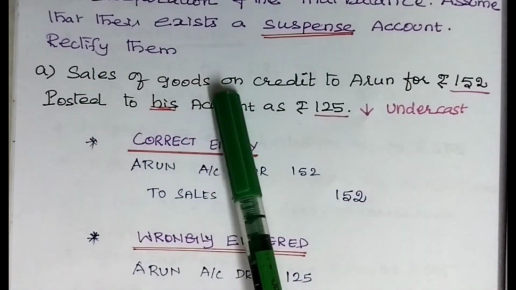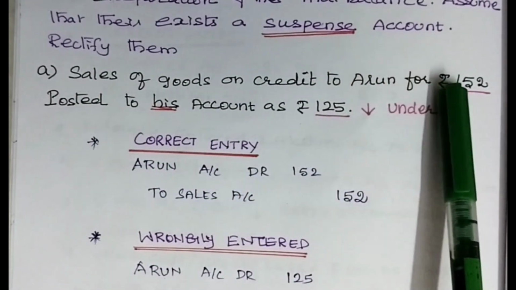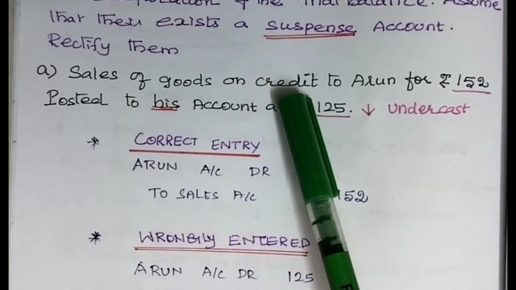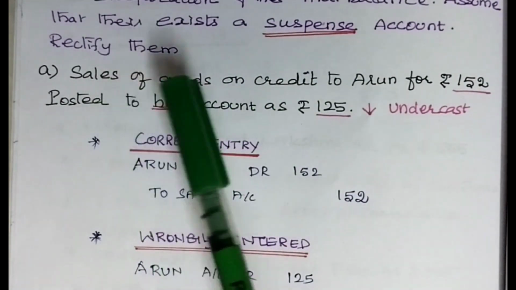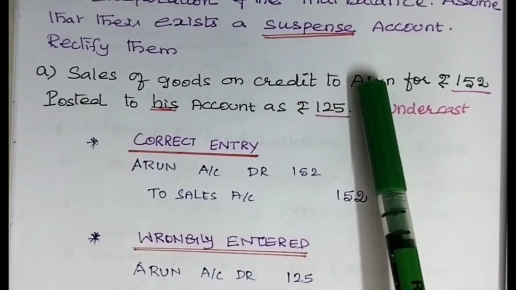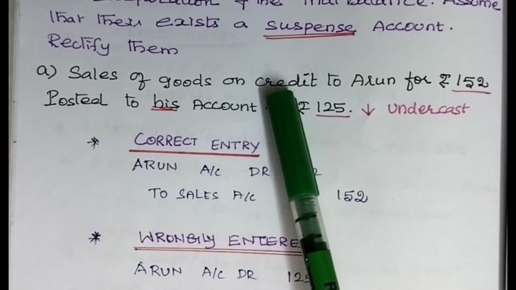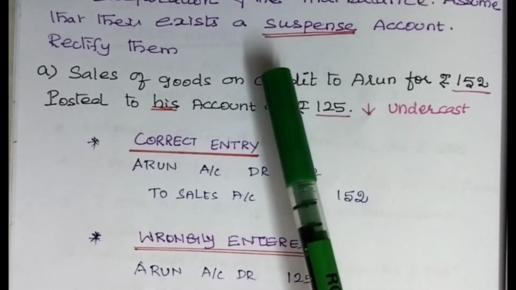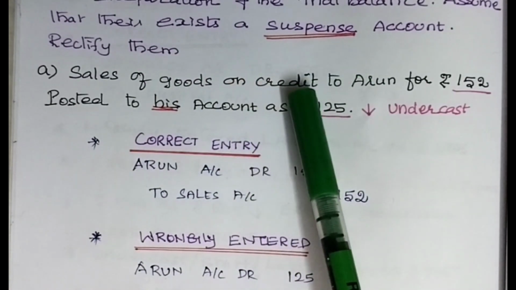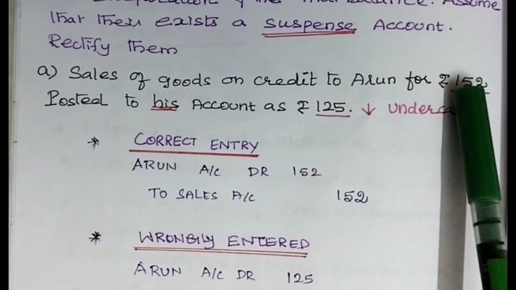You sold goods to Arun on credit, rupees 152. This is the credit sales. Whether credit basis or cash basis, you sold goods to Arun on credit basis. How much? 152 rupees.